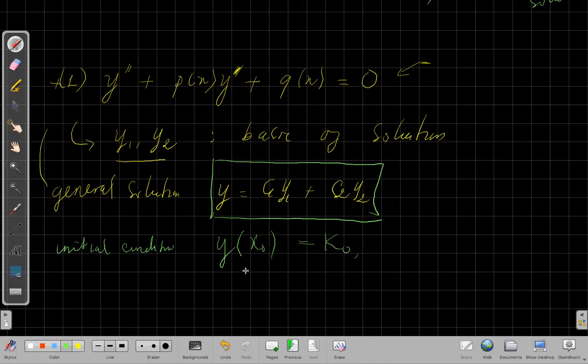Remember that in the general solution, we have two variables to determine, C1 and C2, so with only one condition we cannot determine them. The second condition is y prime of x0 equal to k1. From both conditions, we can determine C1 and C2.